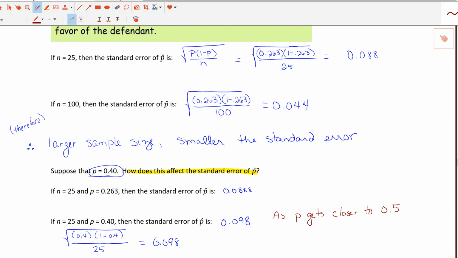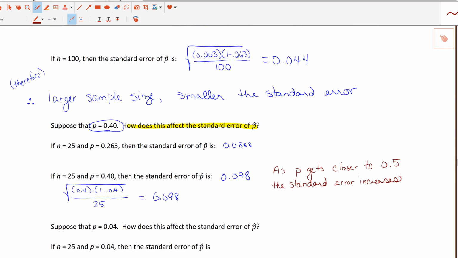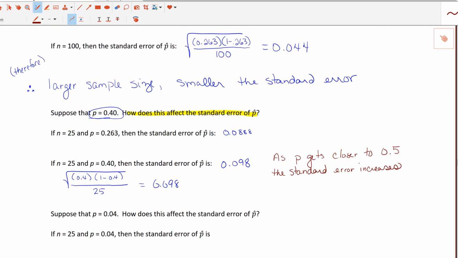As p gets closer to 0.5, the standard error increases. Okay. In comparing these, we didn't change n, right? We only changed p.